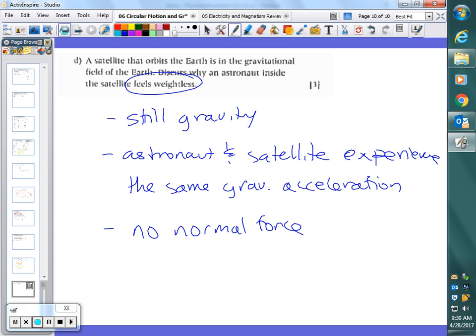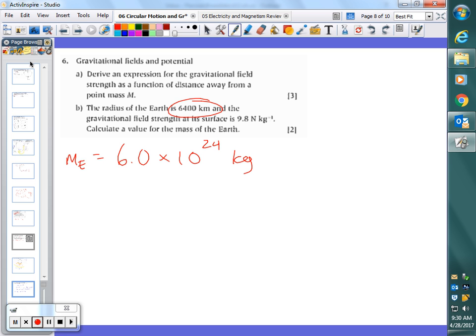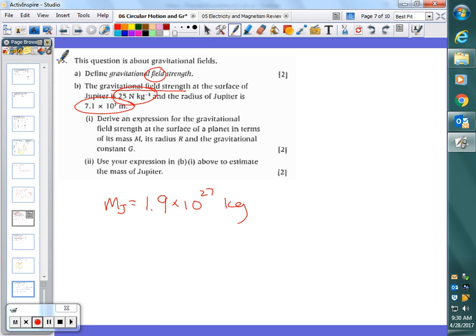One thing before we move on, just to make sure. So here's the mass of the Earth, right? And in the previous problem, we calculated the mass of Jupiter, right? Look at it, it's a huge difference. 10 to the 27th power versus 10 to the 24th power.